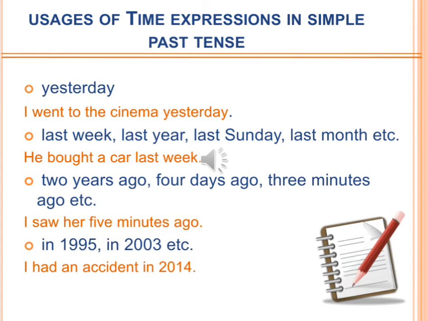Last week, last year, last Sunday, last month, etc. Example: he bought a car last week. 2 years ago, 4 years ago, 3 minutes ago, etc. I saw her 5 minutes ago. In 1995, in 2003, etc. Example: I had an accident in 2014.